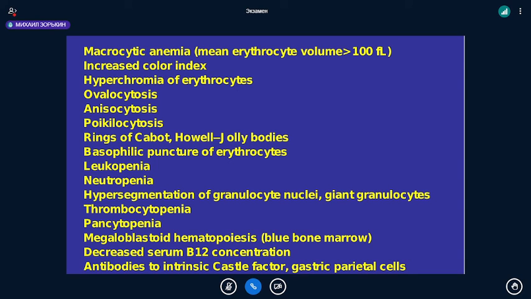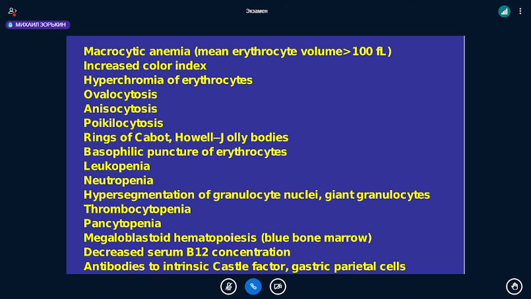What else? Thrombocytopenia is one of the common symptoms. Decreased B12 concentration, antibodies to intrinsic causal factor and to the gastric parietal cells in the case of pernicious anemia, increased methylmalonic acid in the urine, and so on.